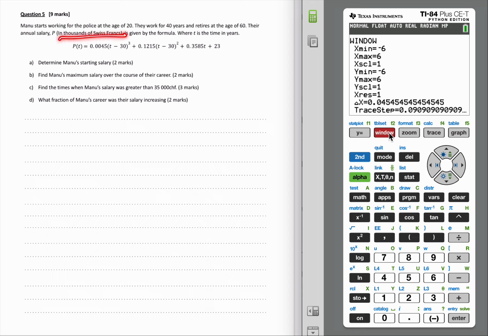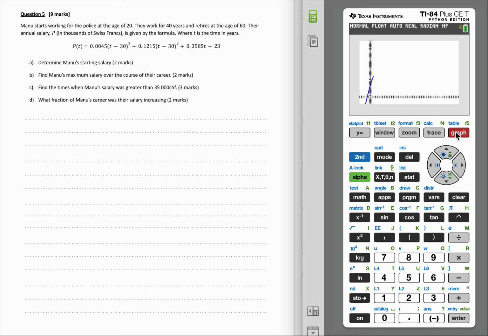Now it is in thousands of francs, so that would be 35 on the y-axis, but we can see we're definitely not going high enough. So let's try 50. We shouldn't need a negative because ideally his salary would never be a negative value. His time will never go negative, so we could leave that as quite small. But if he's been working at the company a while, maybe we want 50 years there that he's been working. And now we can see a much better visualization of that graph.